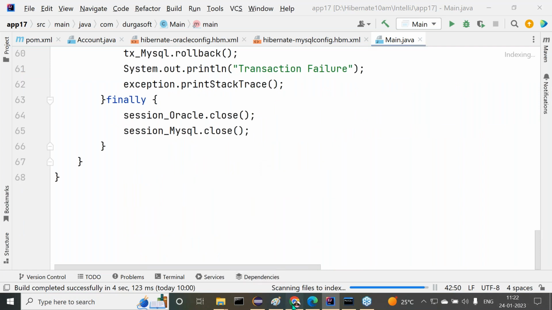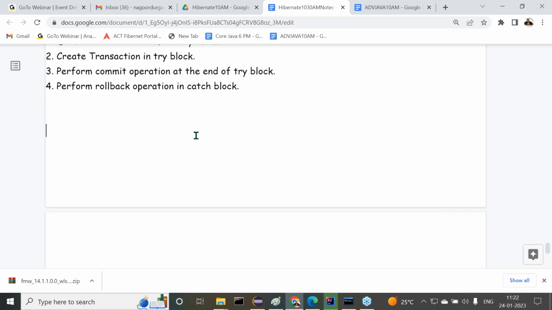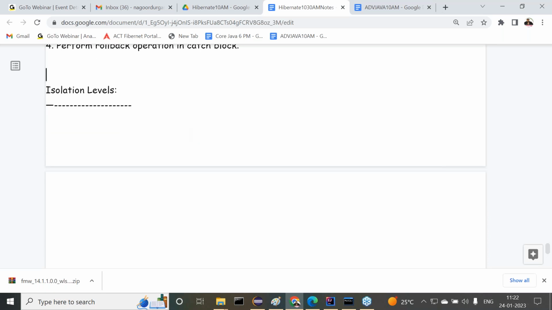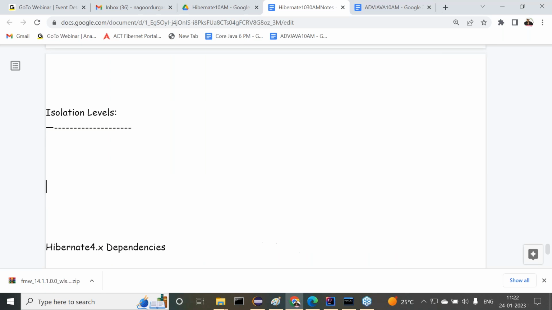Right. Fine. Now today we are going to understand the next one, that is isolation levels. What exactly are these isolation levels? Observe carefully.